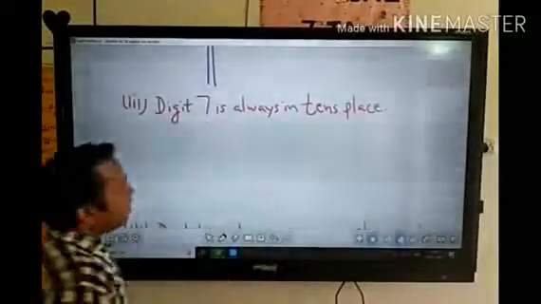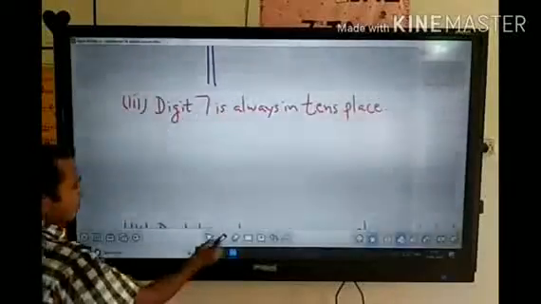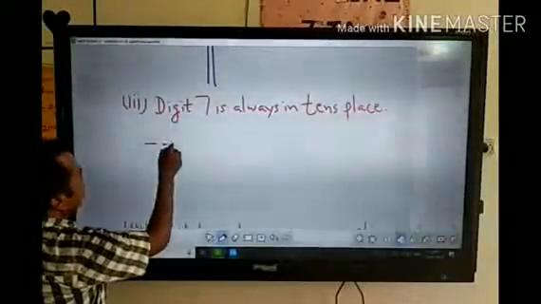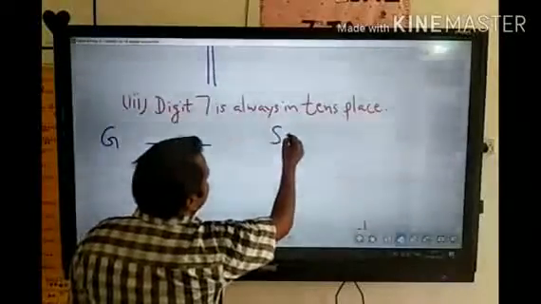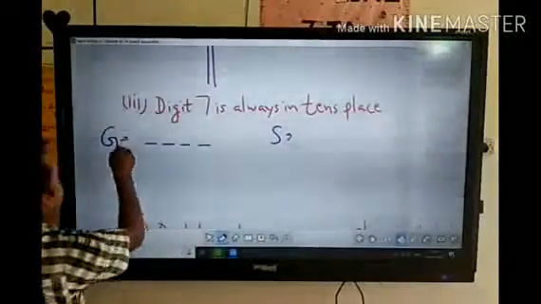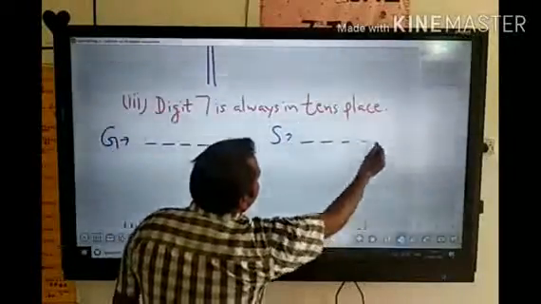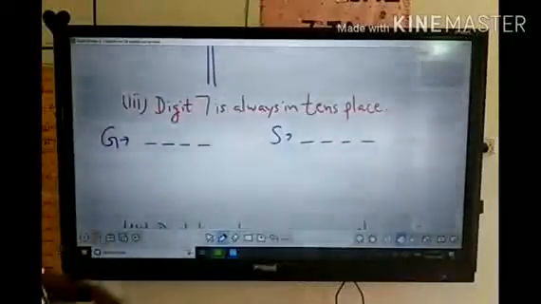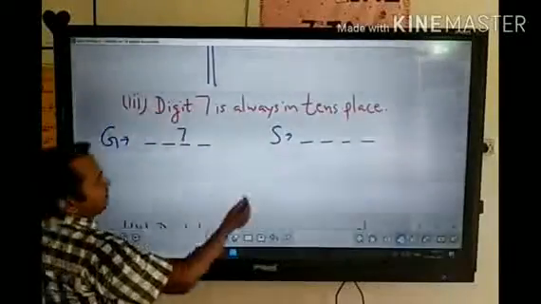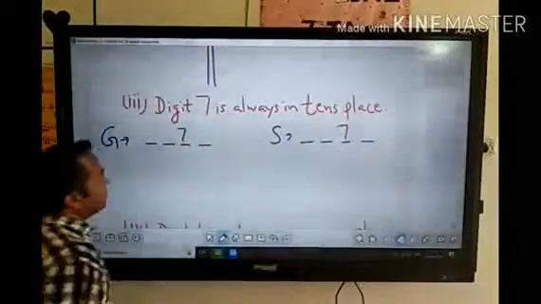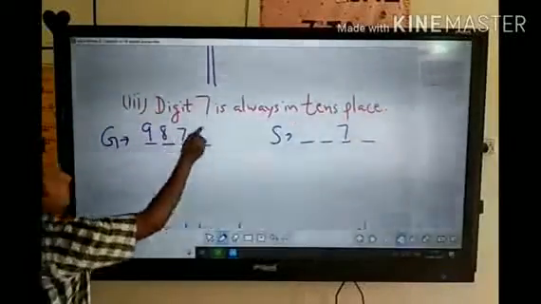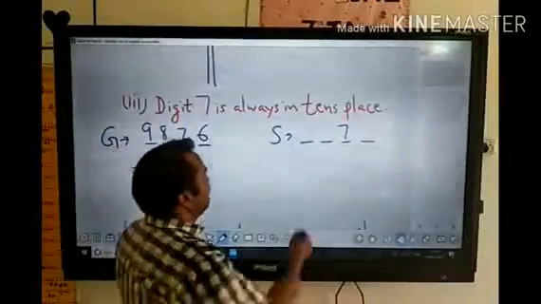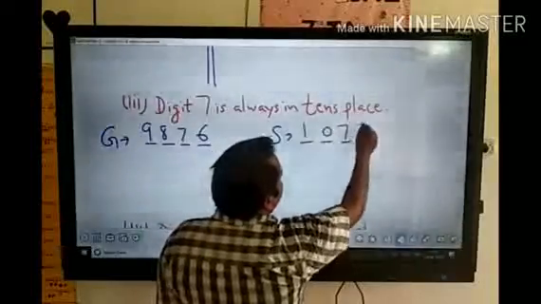Digit 7 is always in tens place. So greatest digit, smallest digit. 7 is always in tens place. So I will write 7 here and I will write 7 here. And I will have to make the greatest. So 9, 8, 7 and here I will put 6, and here 1, 0 and here I will write 2.